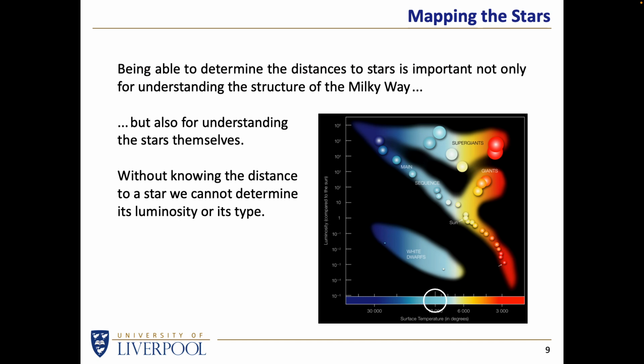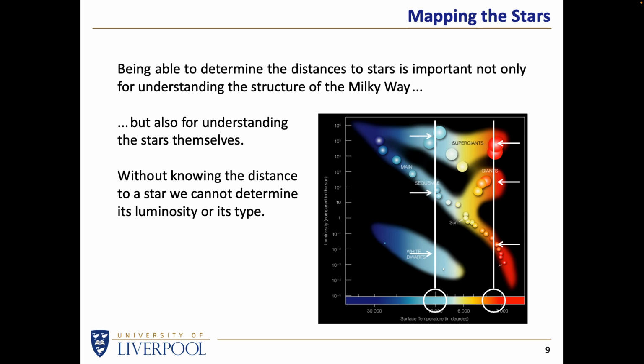So for instance, if we've got a whitish star, how do we know whether it's a supergiant or a main sequence or a white dwarf? If we're looking at a reddish star, how do we know if it's a supergiant or a red giant or a red dwarf? Again, for the same reasons. If we don't actually know the luminosity, then what type of star are we actually looking at?